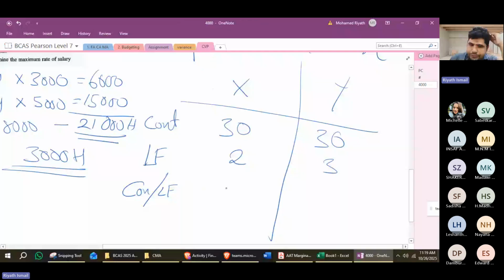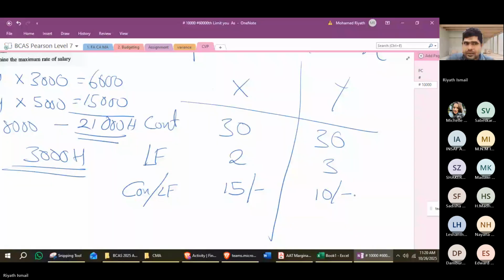For X, it is 15 rupees; for Y, 10 rupees. When you utilize labor hours for X, it will give you 15 rupees, and the same labor hours for Y will give you 10 rupees. Then what is your first preference? Which product do you allocate the labor hours to first, X or Y?